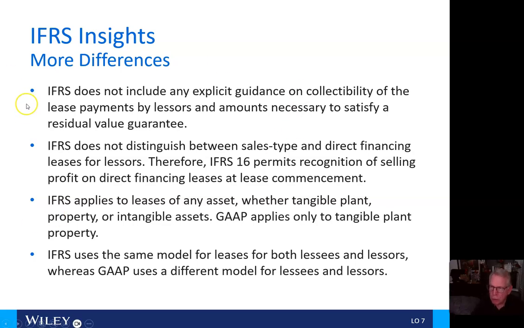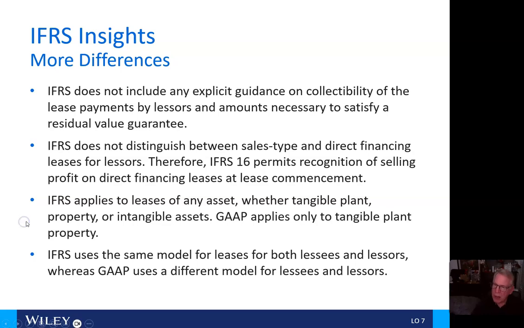More differences. Number one, IFRS does not include any explicit guidance on collectability of the lease payments by lessors and amounts necessary to satisfy a residual value guarantee. Number two, IFRS does not distinguish between sales type and direct financing leases for lessors. Therefore, IFRS 16 permits recognition of selling profit on direct financing leases at lease commencement.